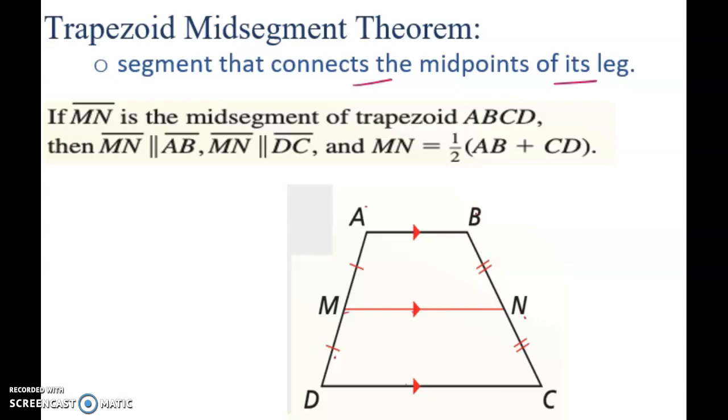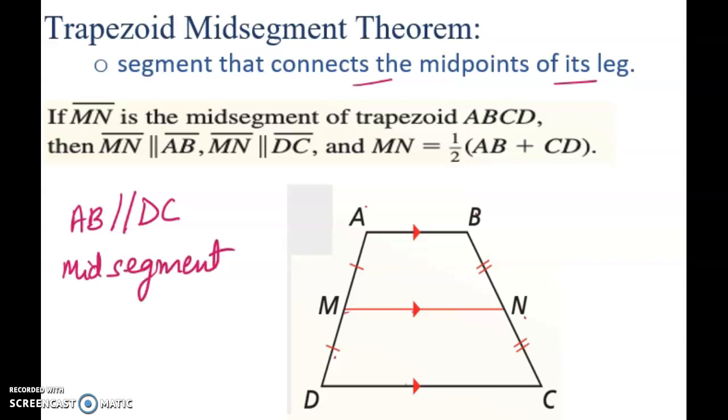Now, to understand it better, let's go step by step. If it is a trapezoid and if the two opposite sides are parallel, AB is parallel to DC. This is our starting point. Then the midsegment will also be parallel to these lines. That is what they are talking about.